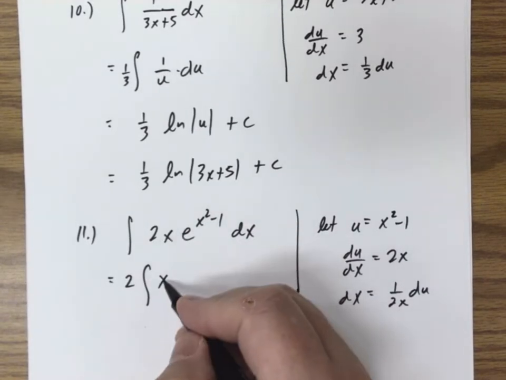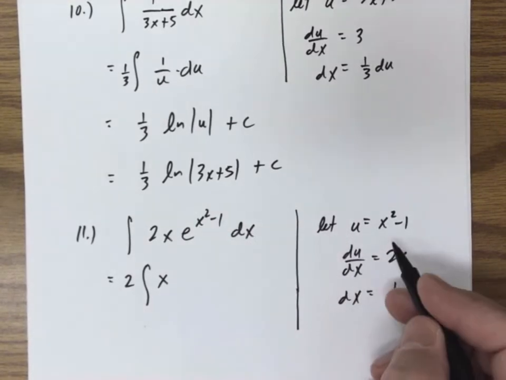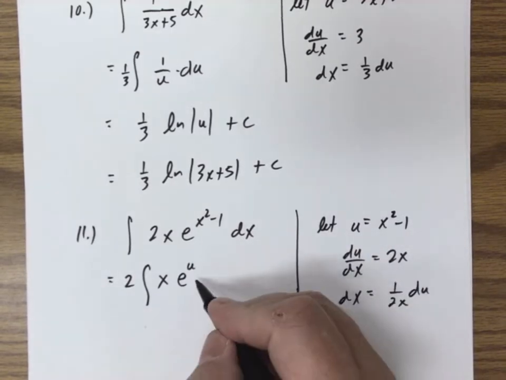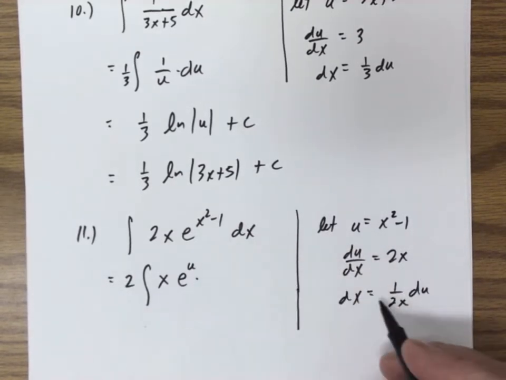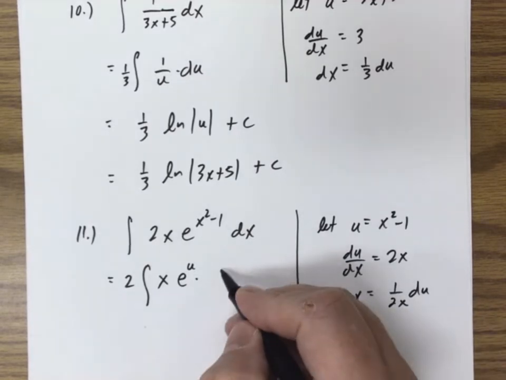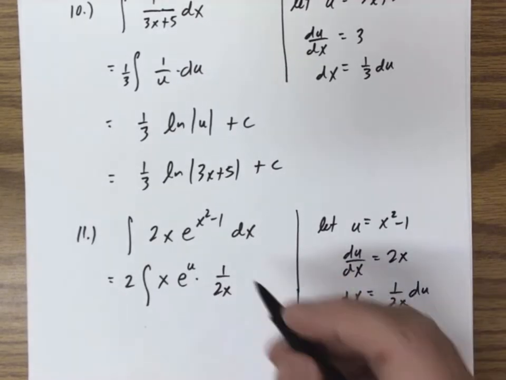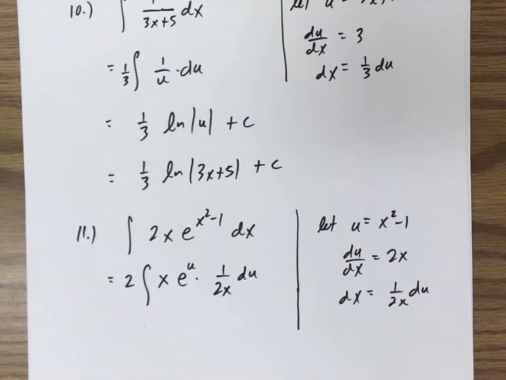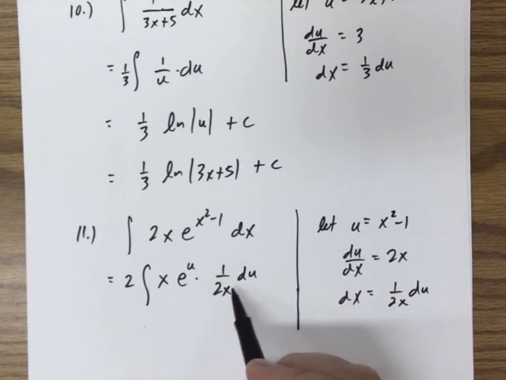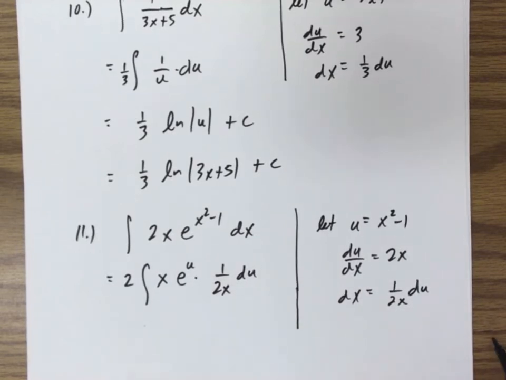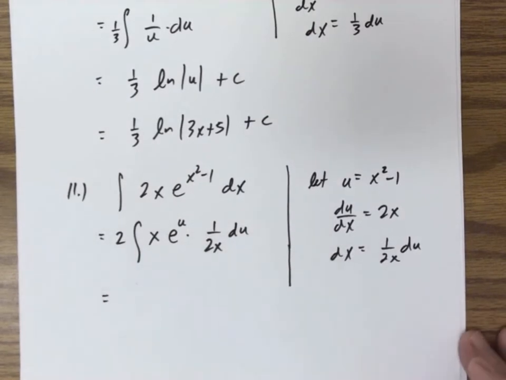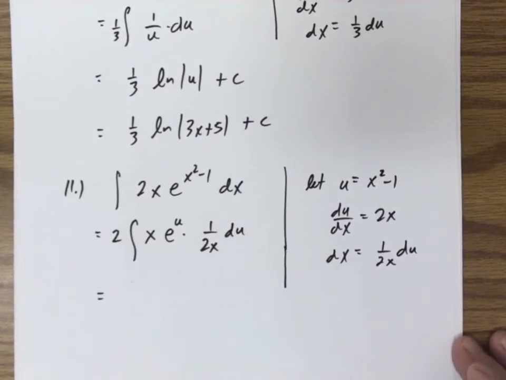So let's just rewrite this. E to the x squared minus 1 is e to the u. And then times dx. Dx is 1 over 2x du. So it's not really ideal yet because I do have u's here, but I've also got x's. But maybe you can see it. Turns out it's going to work out okay because look at my x's.